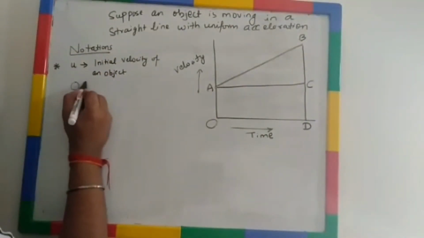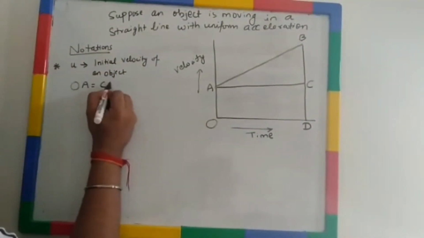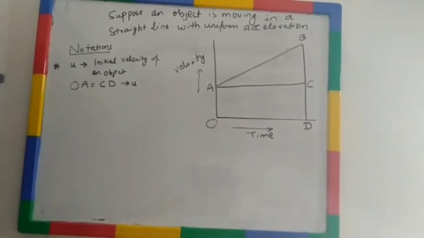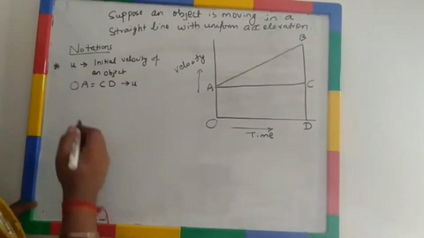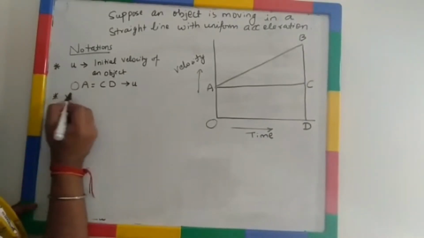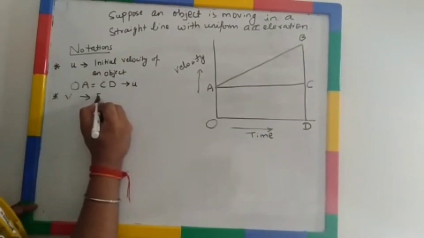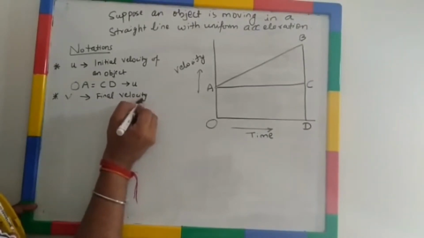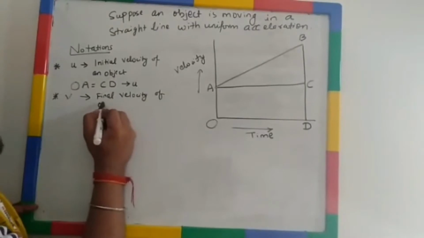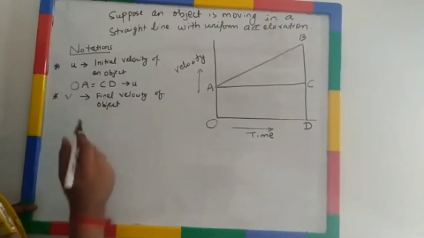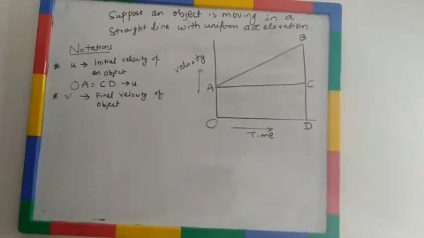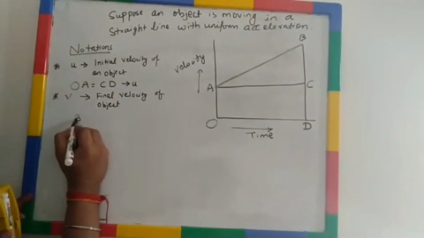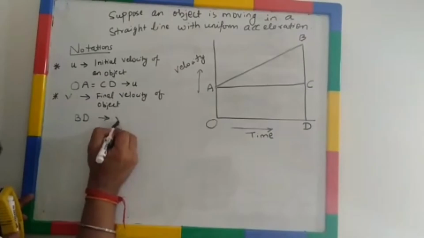So OA and CD will be denoted by U, which is the initial velocity of the object. Second factor is V, which is the final velocity of object. And in this diagram, it is denoted by the line BD. So BD in the diagram denotes V.